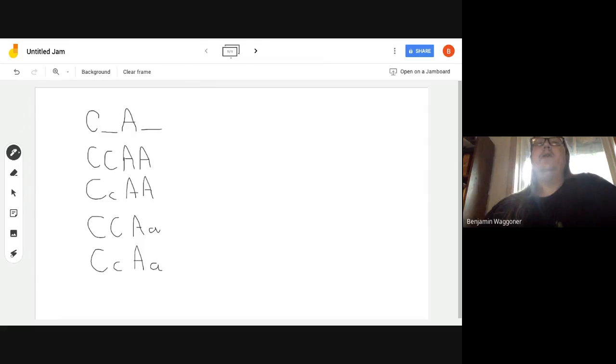Now, let's see. The question is asked, if two white mice mate, can any of the offspring have agouti fur? You can do a Punnett square if you are not sure about this, but a white mouse is going to have genotype little c, little c, and then it doesn't matter what the agouti alleles are. It could be little c, big A, big A, or little c, big A, little a, it doesn't matter.